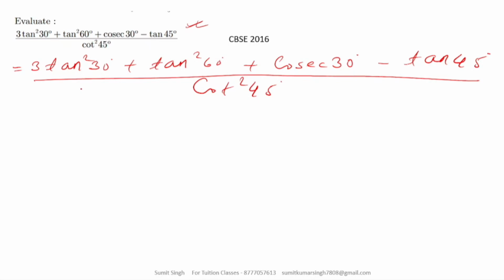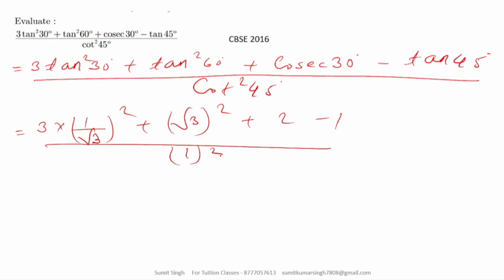So we know that the value of tan 30 is basically 1 by root 3, tan 60 is root 3, cosec 30 is basically 2, and the value of tan 45 and cot 45 is 1. After substituting the values of all trigonometric functions here, we will have these expressions. So basically we have 1 by root 3 the whole square.